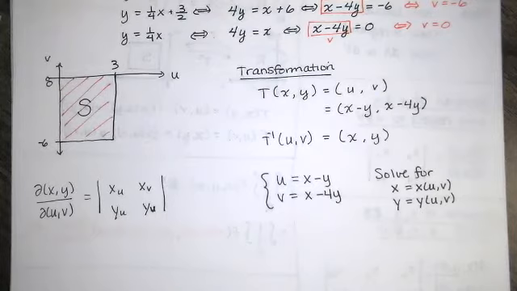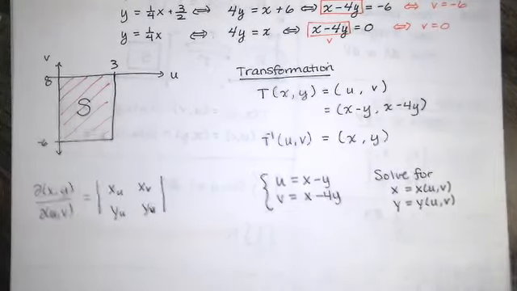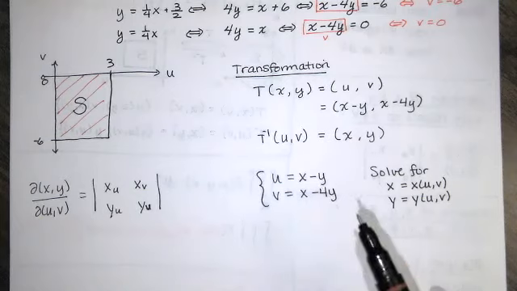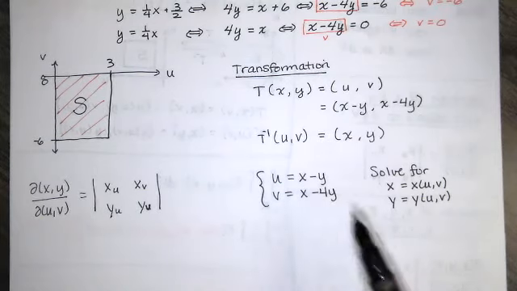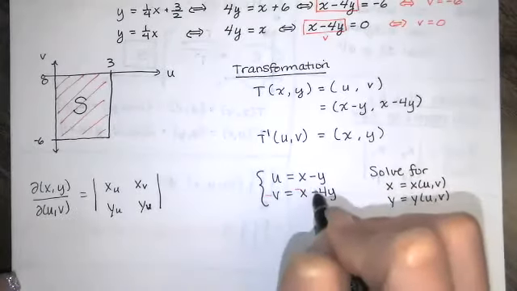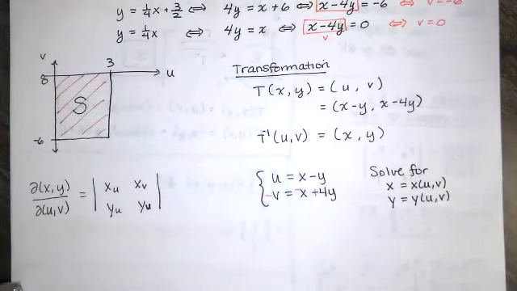I think the easiest one to do first is to solve for y. And the way I'm solving the system of equations for y is just subtracting one equation from the other. I'd like to eliminate the x's. So I think I'll just subtract the second equation from the first equation.